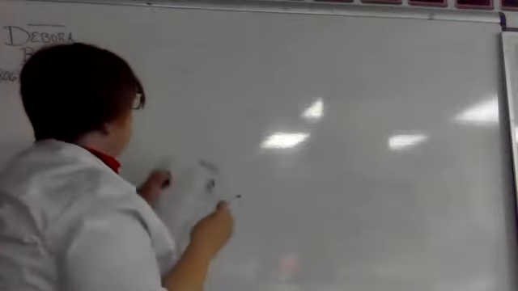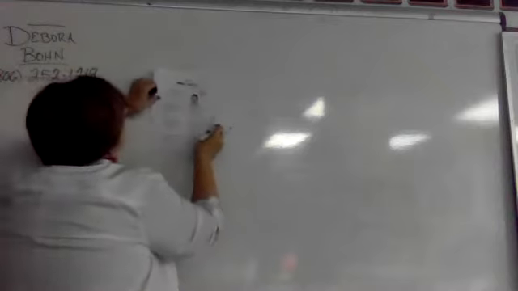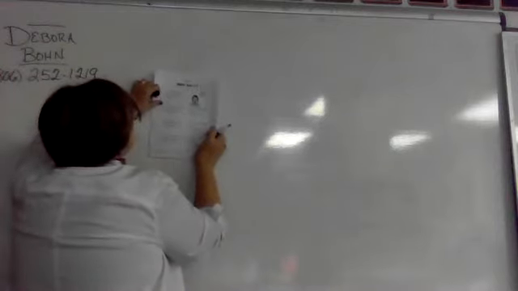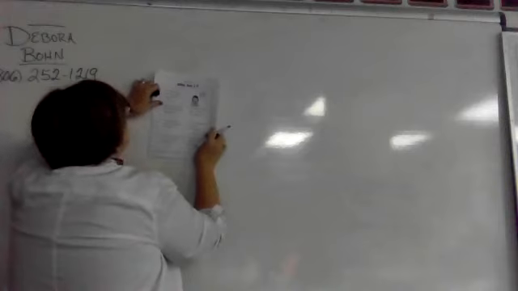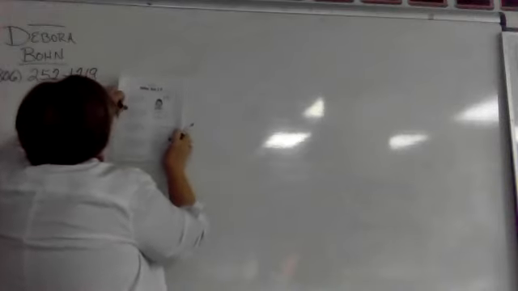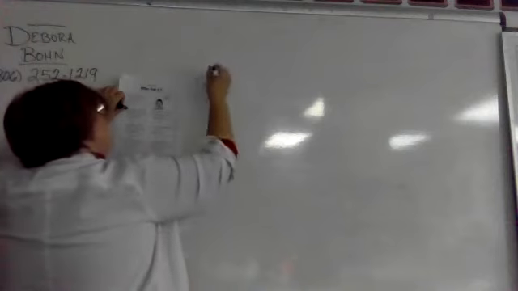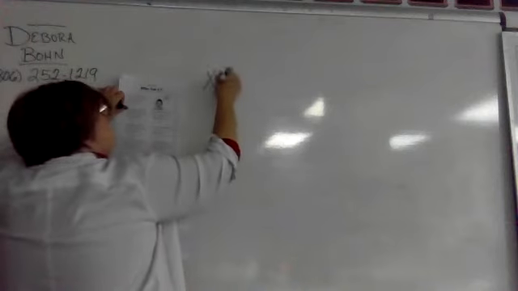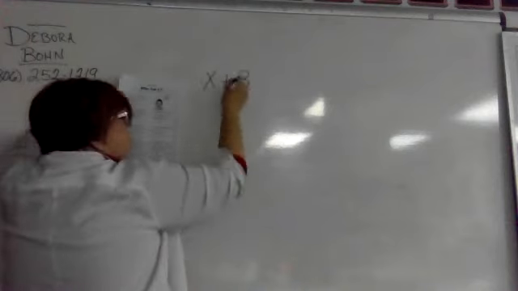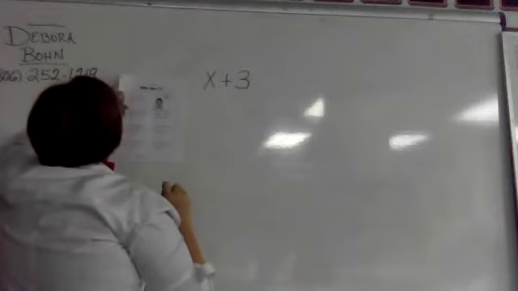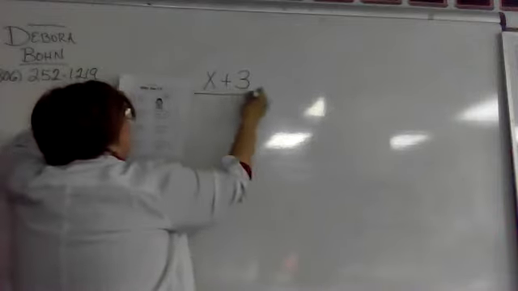The problem says, if you add 3 to me and divide me by 4, you get 4. So I'm going to have me, and I'm going to add 3 to me. So far, so good? And then it says, and divide me by 4.